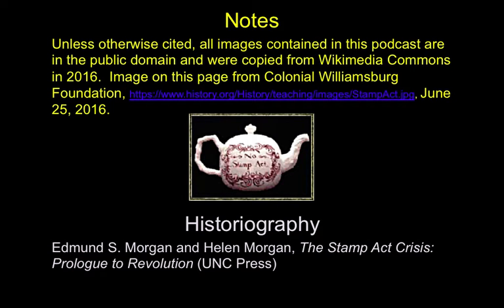Though the Stamp Act was eventually repealed by Parliament in 1766, the strong feelings that it incited on both sides of the pond allow us a glimpse into why the Americans eventually sought to break away from England.